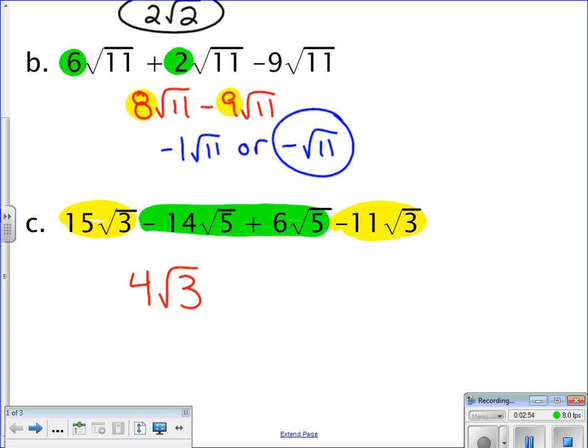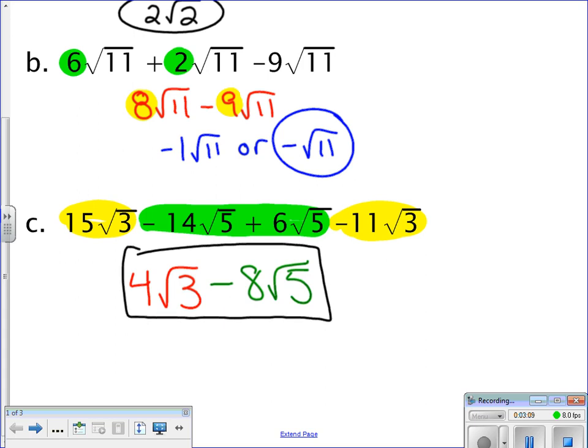So negative 14 plus 6 is negative 8 square root of 5. And you can't combine that together because 3 and 5 are 2 different radicands. And that's all you do.